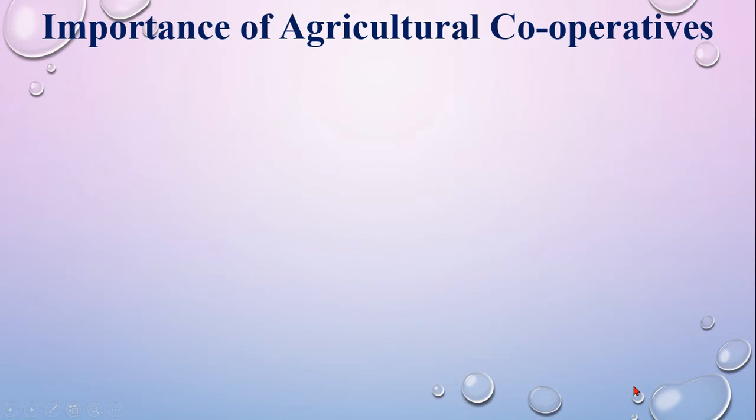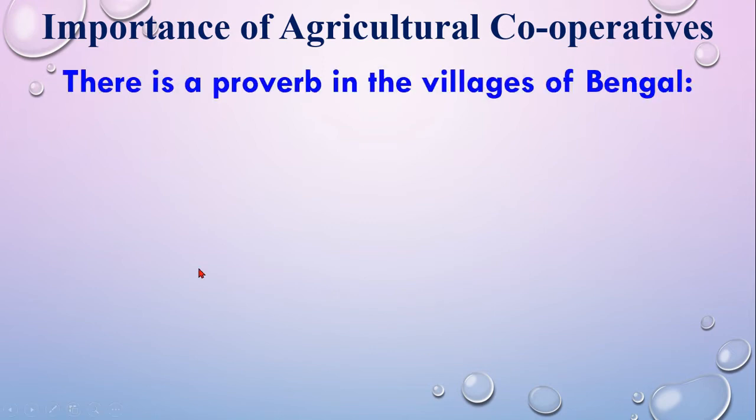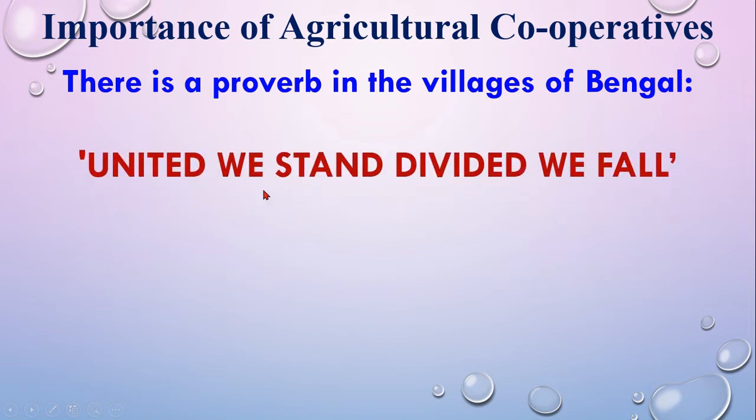And the last point of today is the importance of agriculture cooperative. There is a proverb in the villages of Bengal which is: united we stand, divided we fail. That means the work which is an unbearable load for a single person, if 10 persons are united, this load will not only be easily bearable but also useful, like a stick.